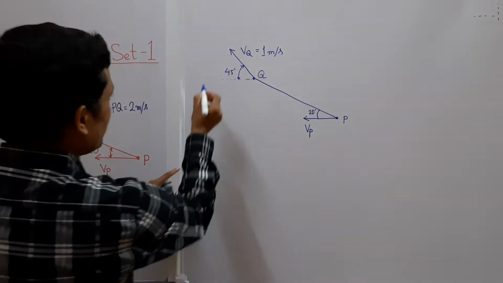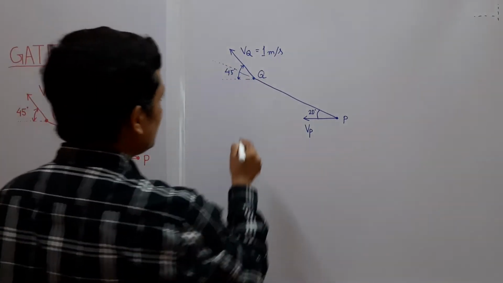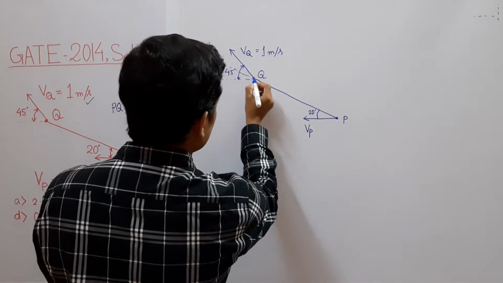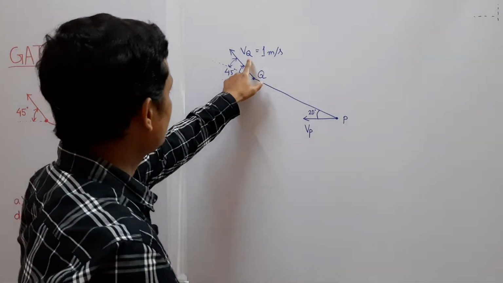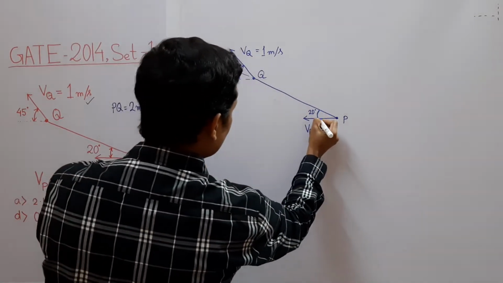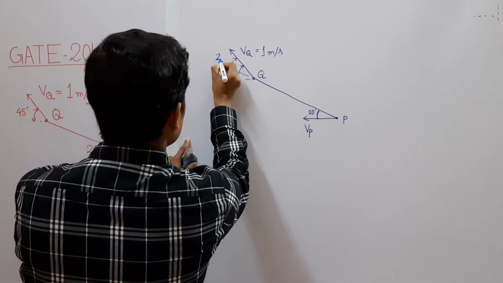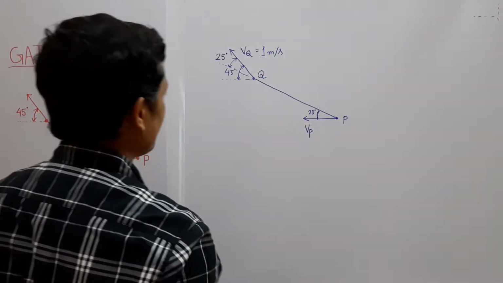So the angle between PQ and Vq, the angle made by Vq along PQ, if this is 20 degree, then this angle will be 25 degree, 45 minus 20, that is 25.